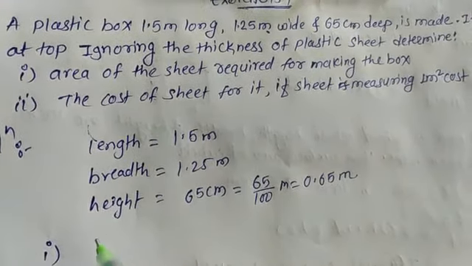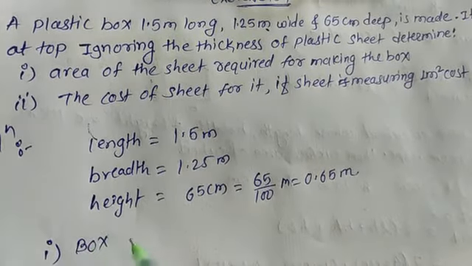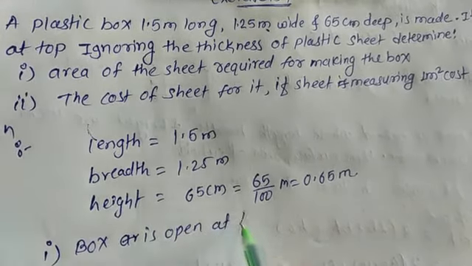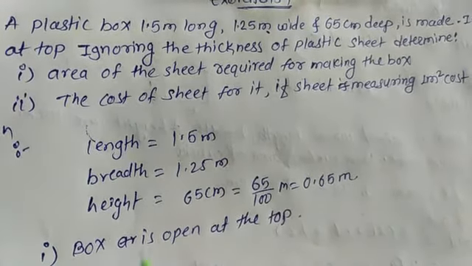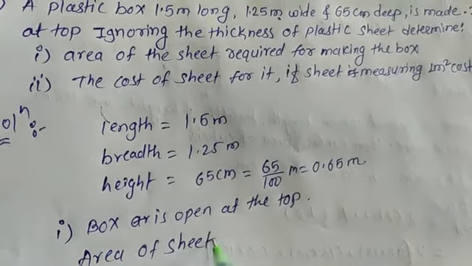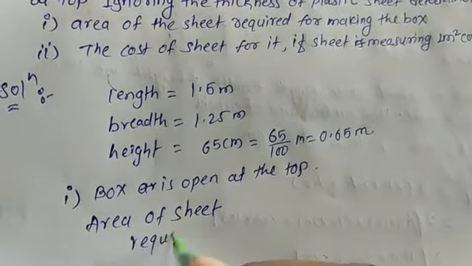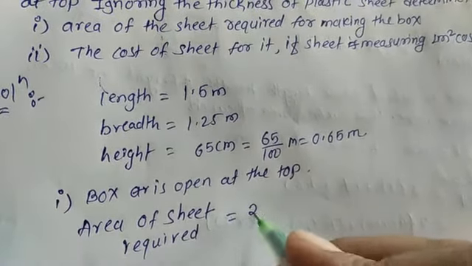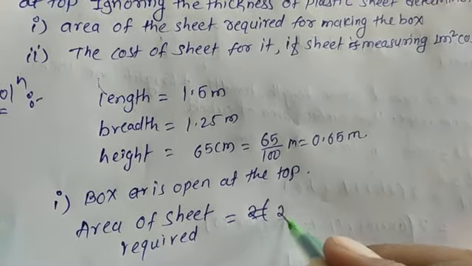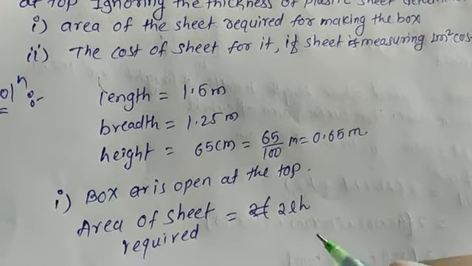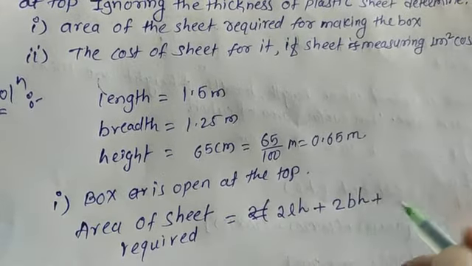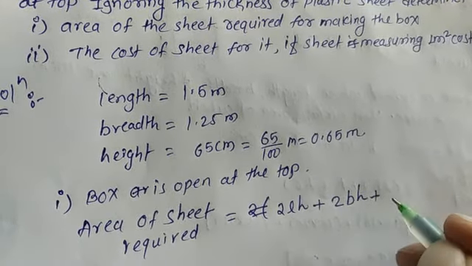Now the box is open at the top. First we have to find the area of sheet required, which is equal to twice length into height plus twice breadth into height plus length into breadth.